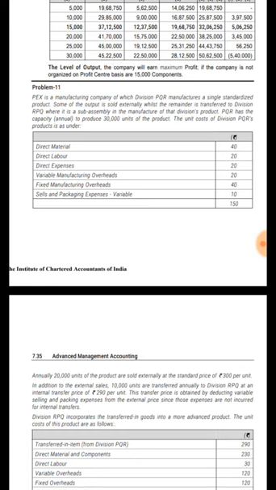Fixed manufacturing overhead, in any transfer pricing problem, is not going to affect the transfer pricing decisions. Hence we will never use fixed manufacturing overhead unless it is a specific fixed overhead or a step fixed overhead. Sales and packaging expenses, which are variable, are rupees 10. So overall it comes to rupees 150.